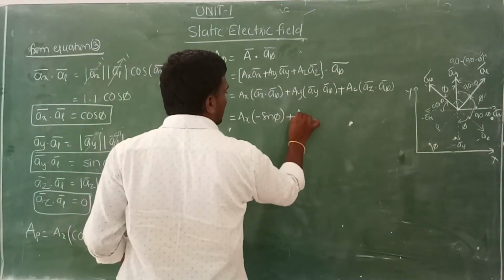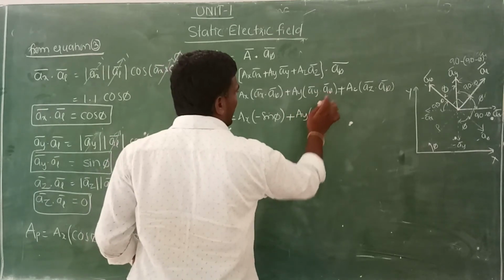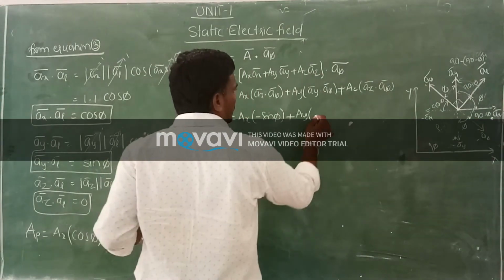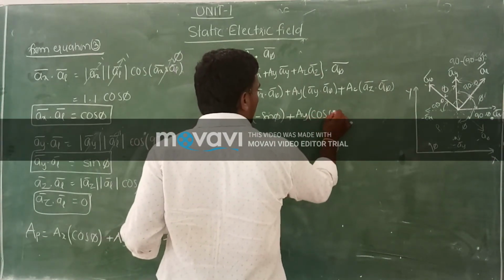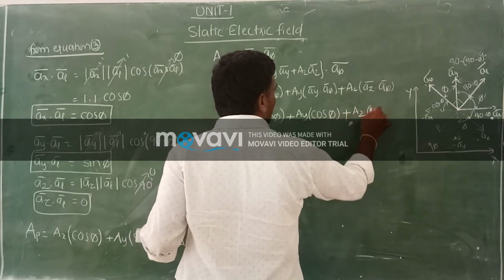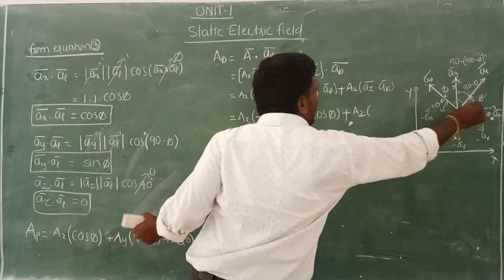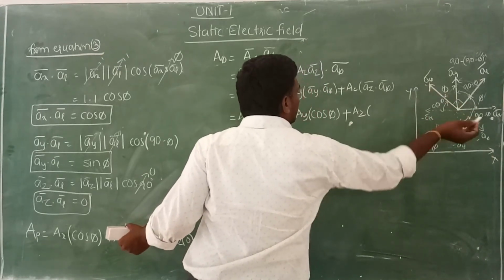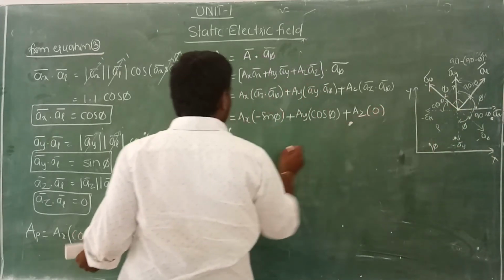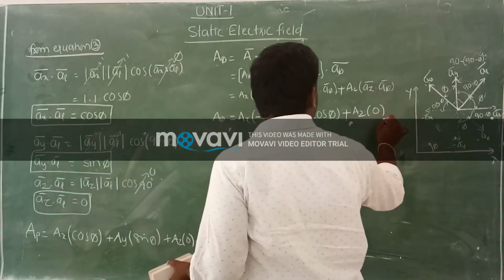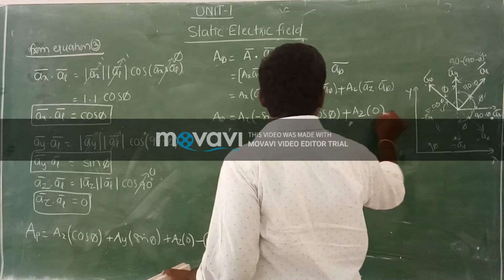Next, plus A_y into the angle between a_y and a_phi, which is phi, so it is cos phi. Plus A_z into the angle between a_z and a_phi: a_z is this one and a_phi is here, a 90 degree angle, so 0. Consider this equation number 5.